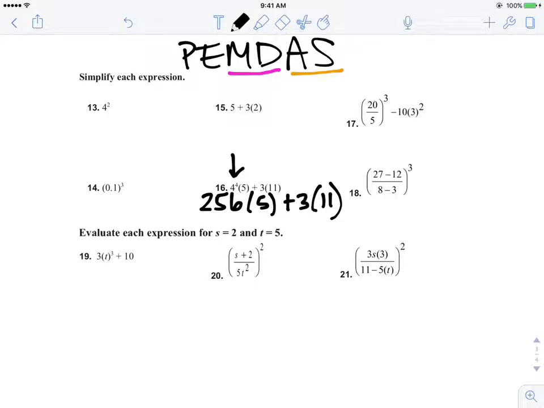Now, we have multiplication. 256 times 5. We can do that one next to give us 1,280. Plus, we can also do 3 times 11 since that's another multiplication, 33. And then we just add 33 and 1,280 to give us a final answer of 1,313.